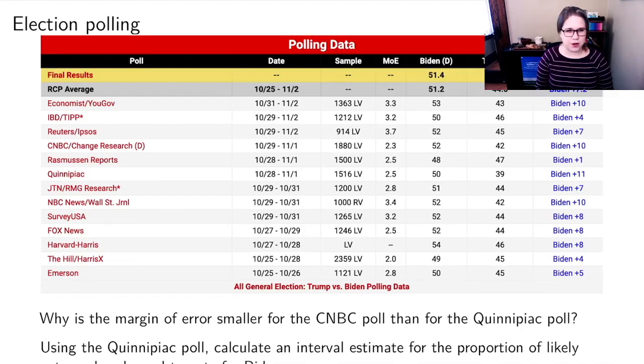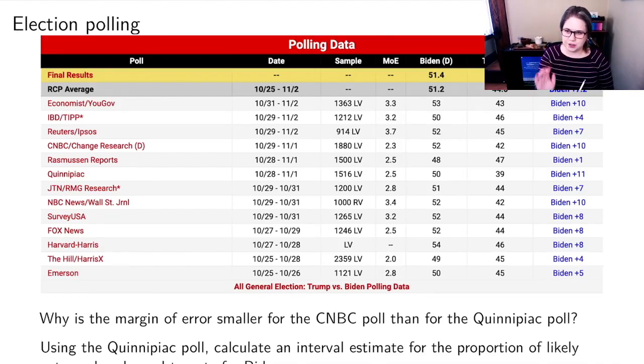See if you can figure it out. So the thing that is different is the sample size. So in that CNBC poll, they surveyed 1,880 likely voters, versus in the Quinnipiac poll, they only surveyed 1,516. So a larger sample size allows you to get more accurate estimates. We were saying that last time.